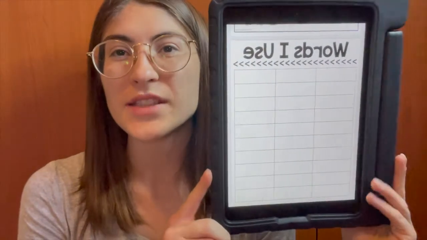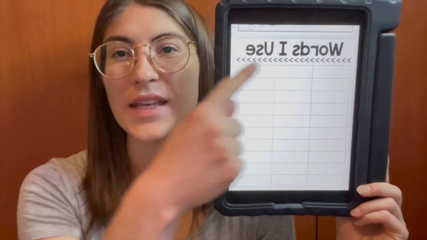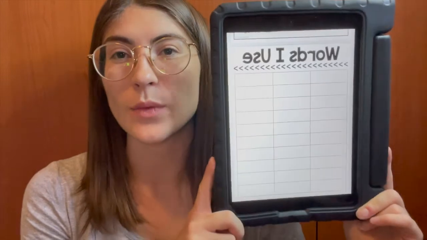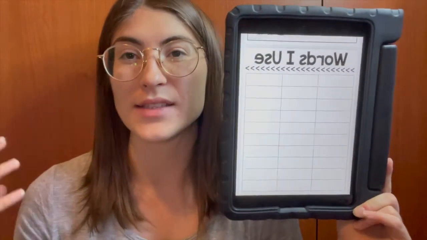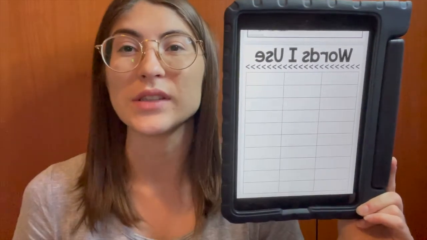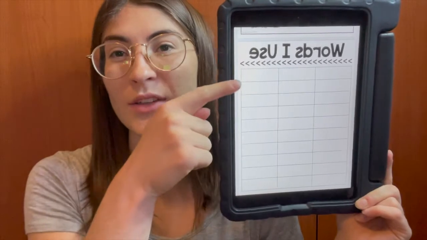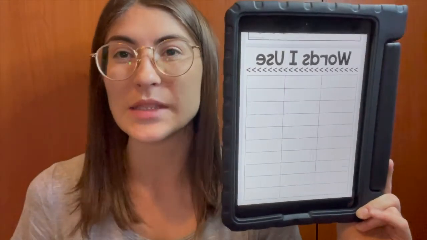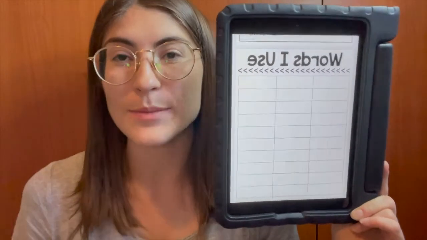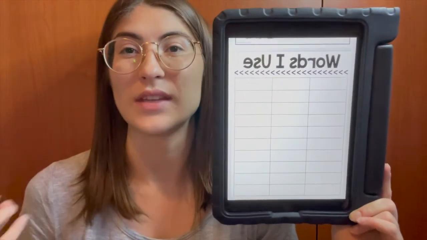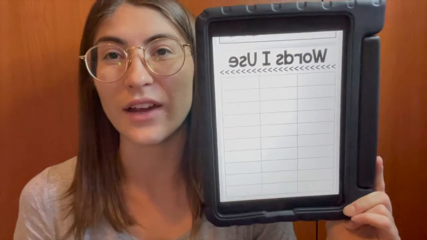At the bottom, students have a section for words I use. Now this is a place where students have words that they often like to write about, as just a quick reference. For example, some students really love to write about pizza or unicorns or school. So they might have pizza, unicorn, school, and that just helps them as they write for a quick reference for how to write and spell the word without having to think through it so much if it is something they write all the time.